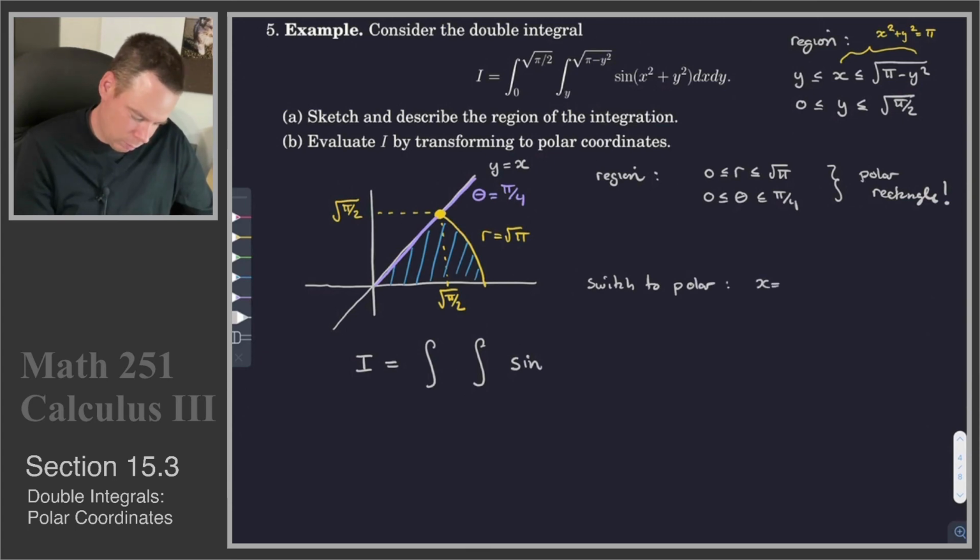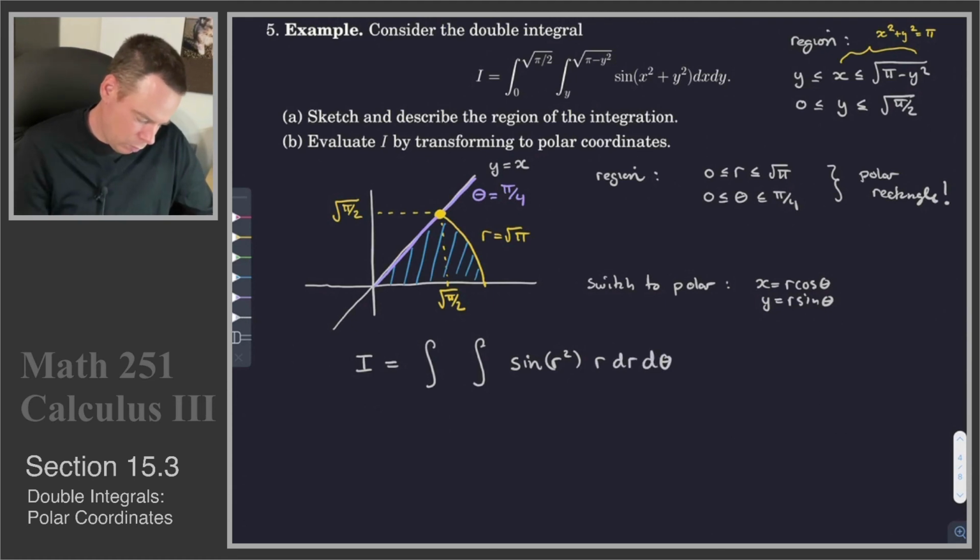So substitute x is r cos theta, y is r sine theta. So sine of x squared plus y squared, that becomes sine of r squared. dx dy, that becomes r dr d theta.